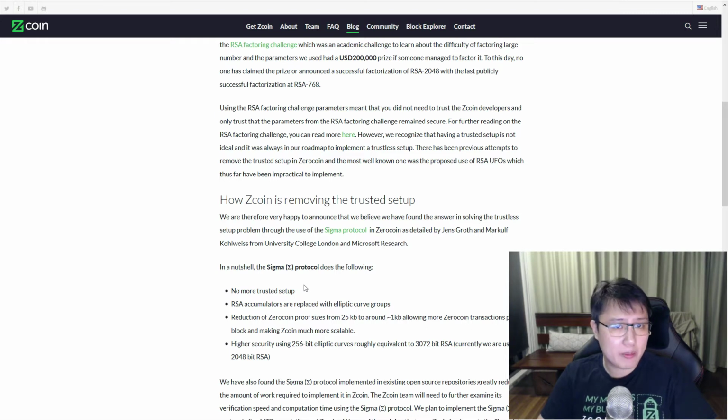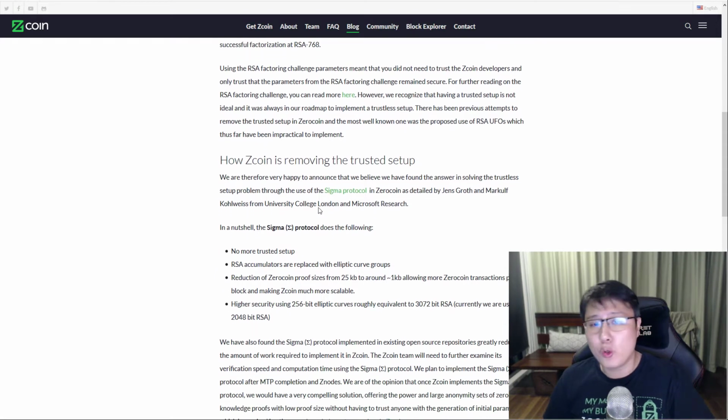But Sigma transactions, on the other hand, are about 1.5 kilobytes. So maybe it's about 3 times larger than a Bitcoin transaction, and it's a lot more reasonable to store. So we feel that Sigma has really good properties for scaling, and most importantly, it does not require trusted setup.